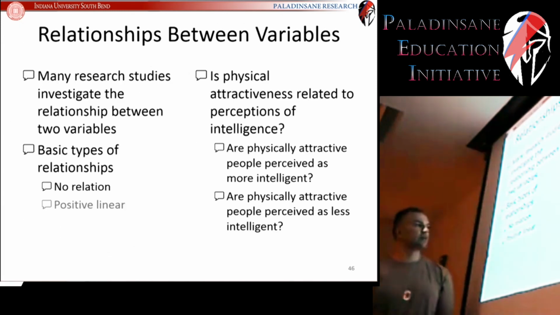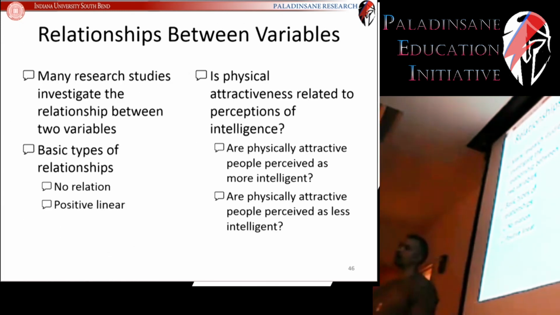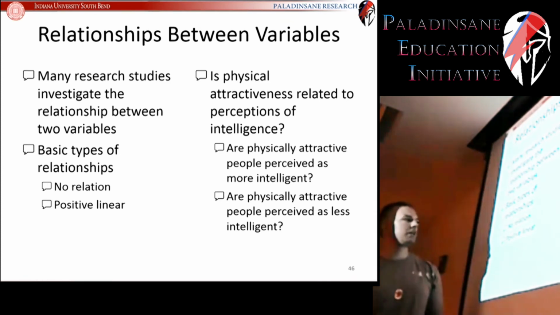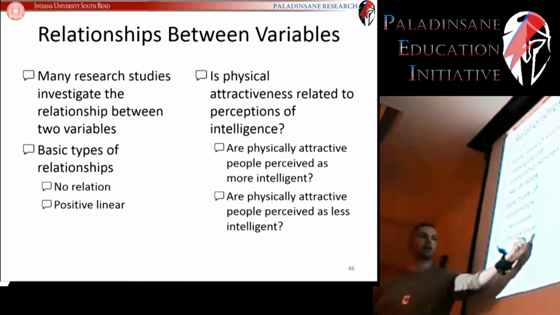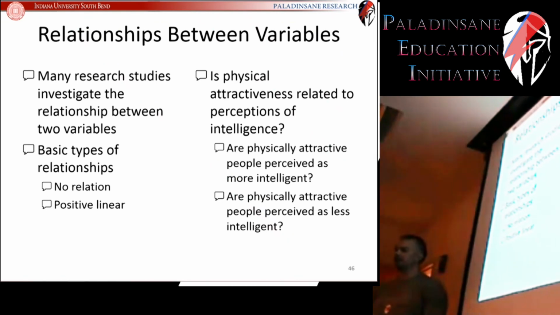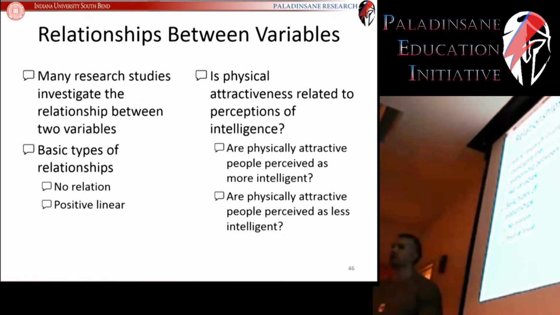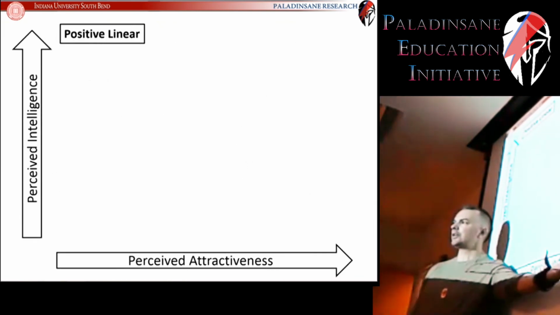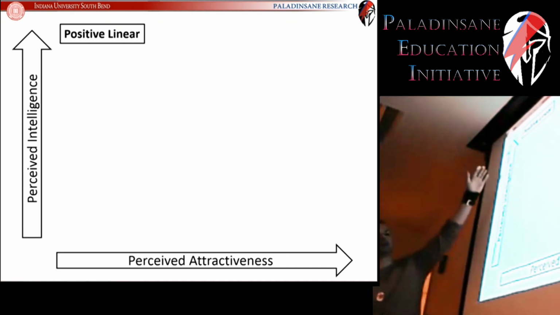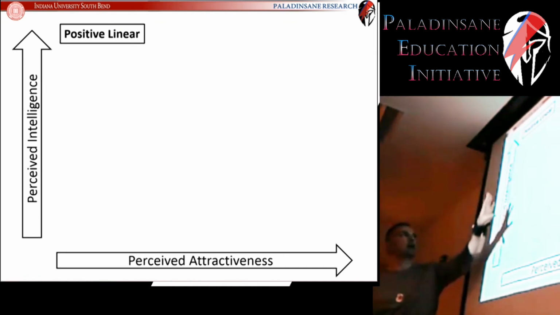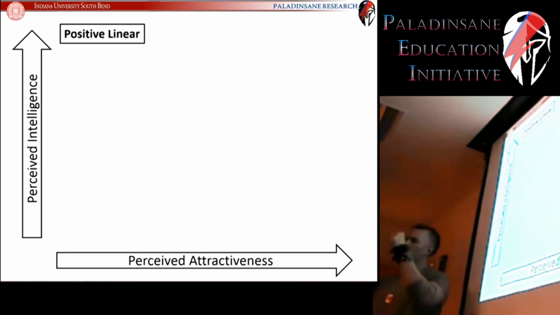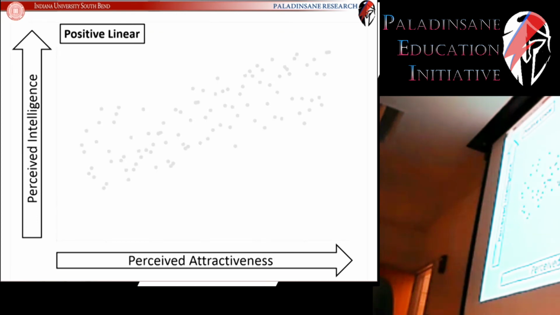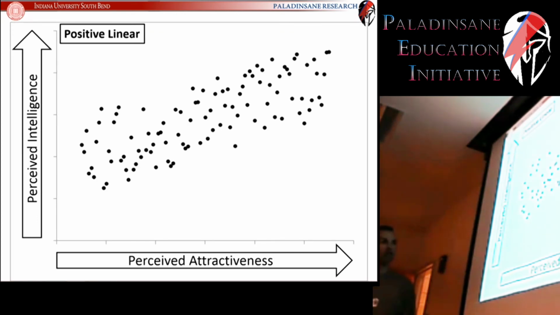All right, so the next basic type of relation is positive linear. And linear means straight. Positive does not mean that this is a good or beneficial relation to have. All that positive means is that if one variable increases, your other variable increases as well. So if perceived attractiveness and perceived intelligence were positively related, that's what their cloud of points might look like.